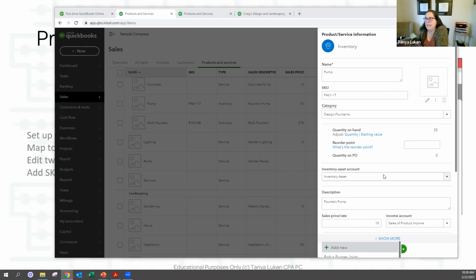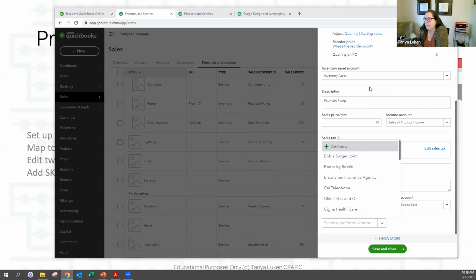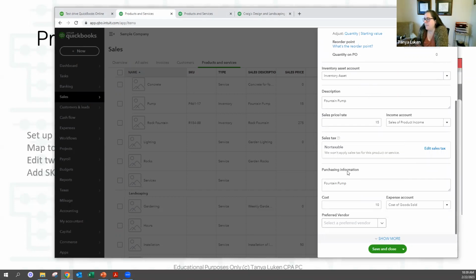This box at the bottom here about the purchasing information is only if you want to track those two-way parts, or products and services. So I'm going to buy this and then maybe do something to it, maybe not, and then I'm going to resell it. So if you have to track those two-way items, then you would put in the purchasing information at the bottom. Okay.